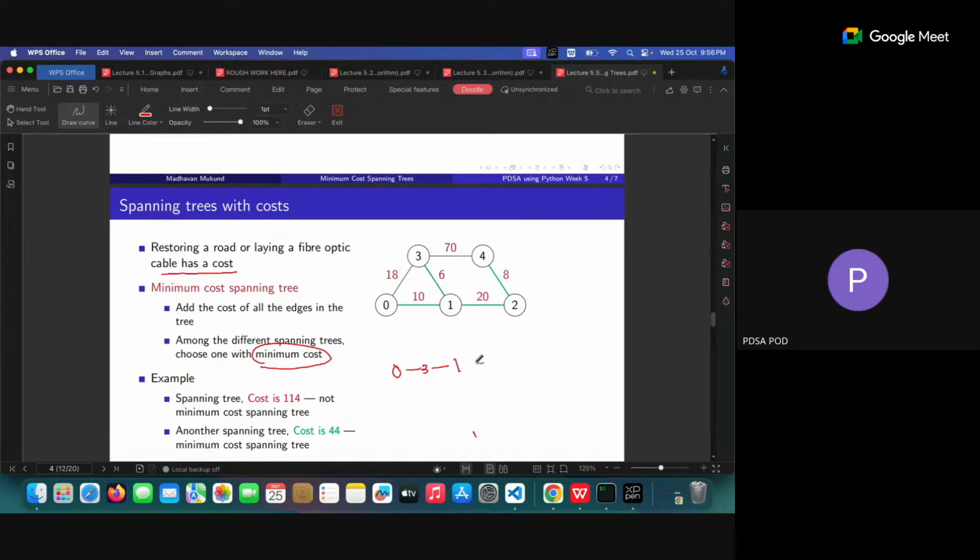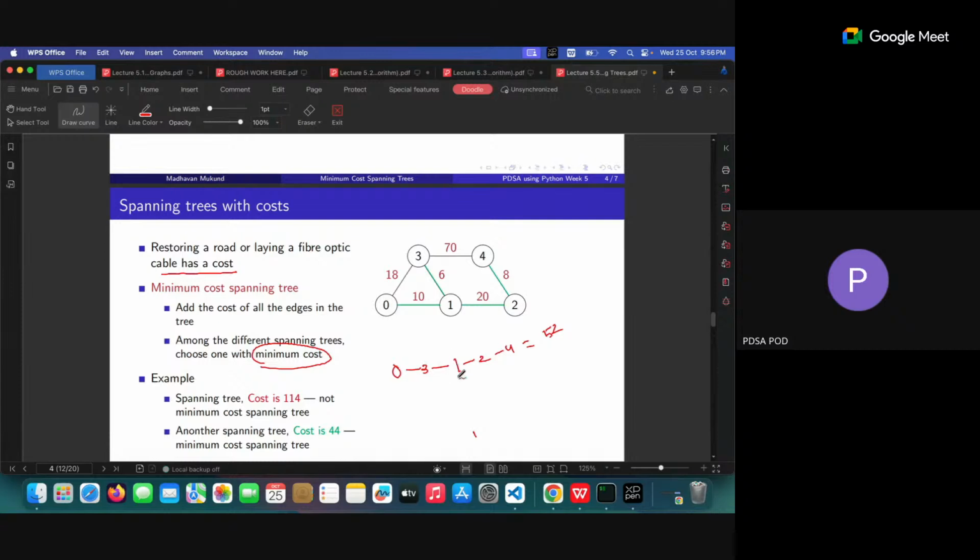Then 1 to 2, then 2 to 4. Let me see what the weights are. 0 to 3 is 18, and this is 24, and 24 to 44, and 44 to 4, which is 44 and 8, it is 52. Yes, this is one spanning tree.